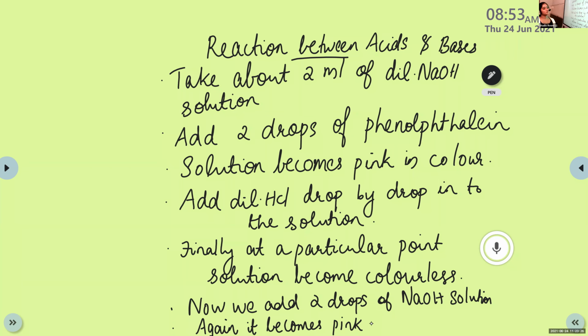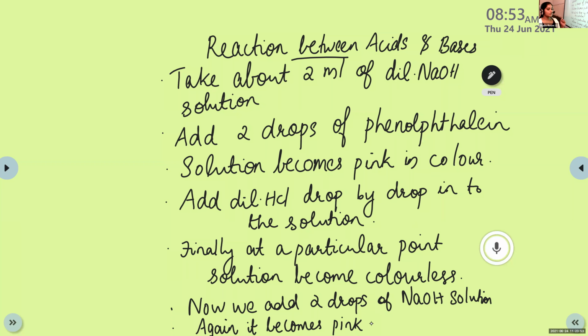Then we add 2 drops of phenolphthalein solution. Phenolphthalein is an example for an indicator, and it is a colorless solution. When we add these 2 drops of phenolphthalein into NaOH solution, it becomes pink in color. Then we add dilute HCl drop by drop into that mixture. Mixture means it contains NaOH and phenolphthalein.